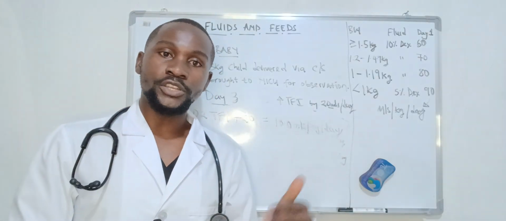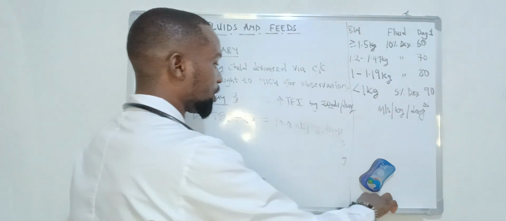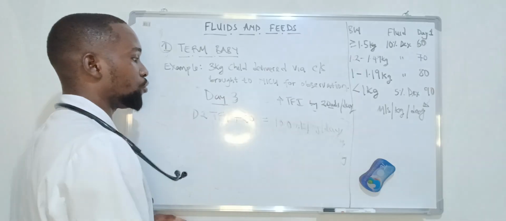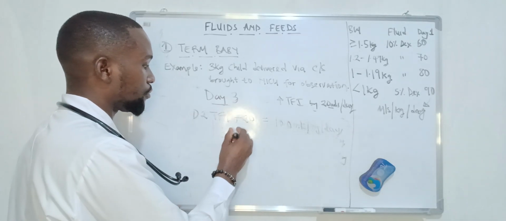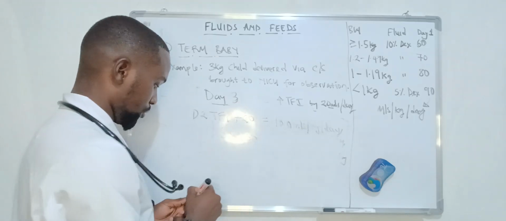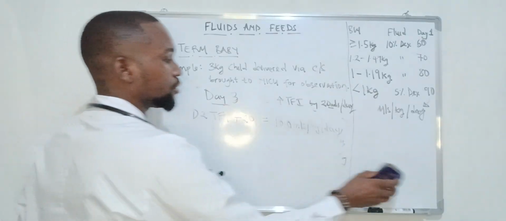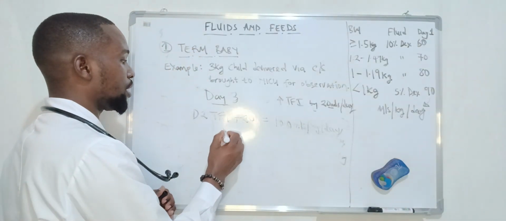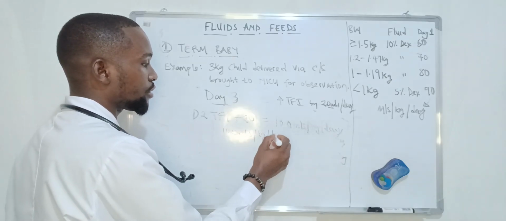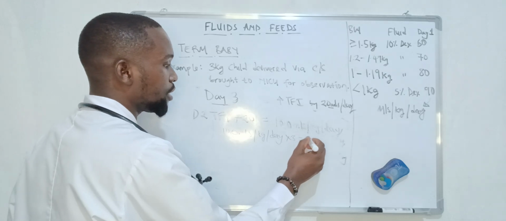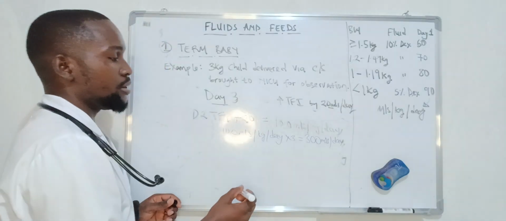Now, because we're going to give it 2 hourly, you divide the 300. So remember the child is 3 kgs, so you say 100 mils per kg per day multiplied by 3 gives you 300 mils per day.